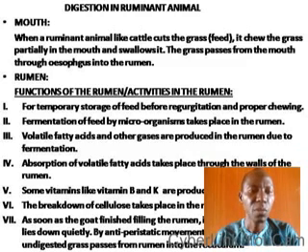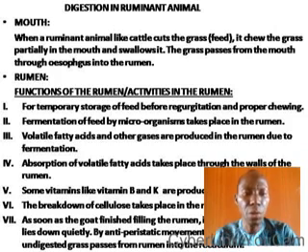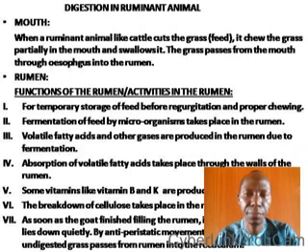Number 3, volatile fatty acids and other gases are produced in the rumen due to fermentation, and these volatile fatty acids are the main source of energy for the cow. Number 4, absorption of volatile fatty acids takes place through the walls of the rumen.